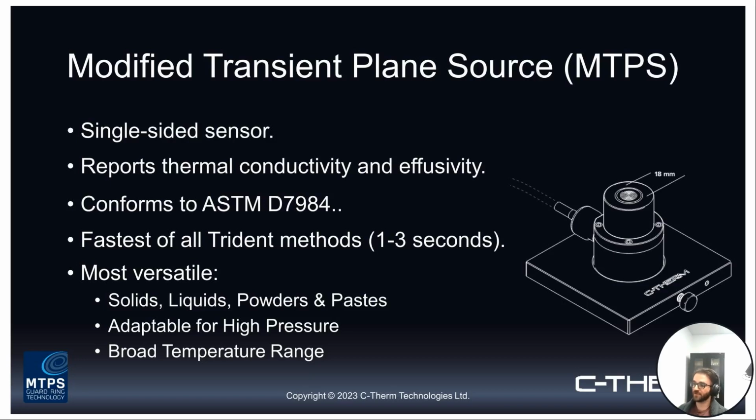So of the transient techniques that are available on Trident, again, we're going to be focusing in on the MTPS. So just to give you a little bit of background on this method, few points. It's a single-sided sensor that has some unique advantages with how the sensor can be used for certain types of measurements, not only just getting thermal conductivity data, but certain aspects such as thermal mapping, quantification of different surface, like side-to-side differences, and I have some examples of that coming up.